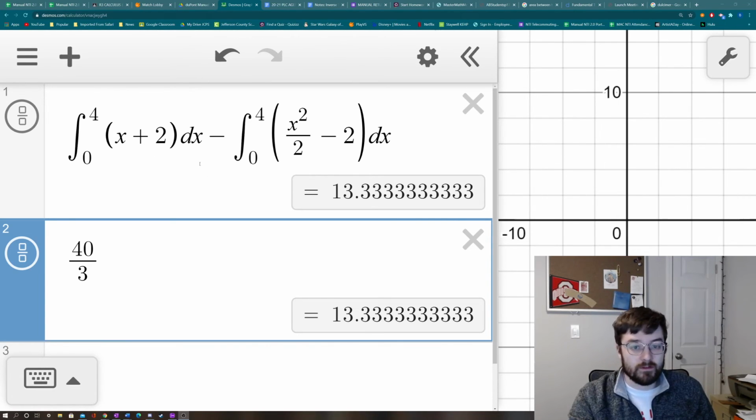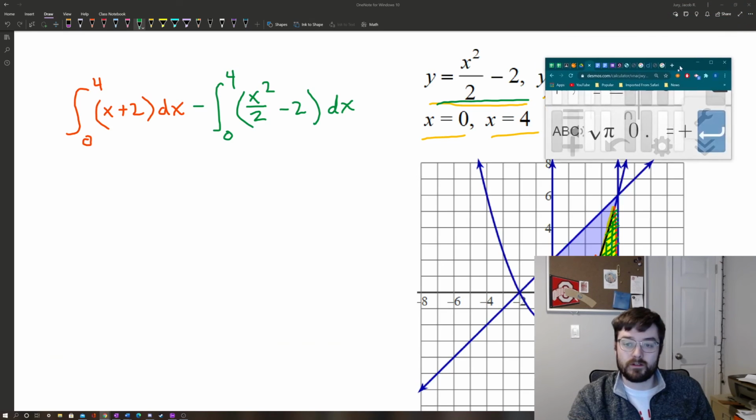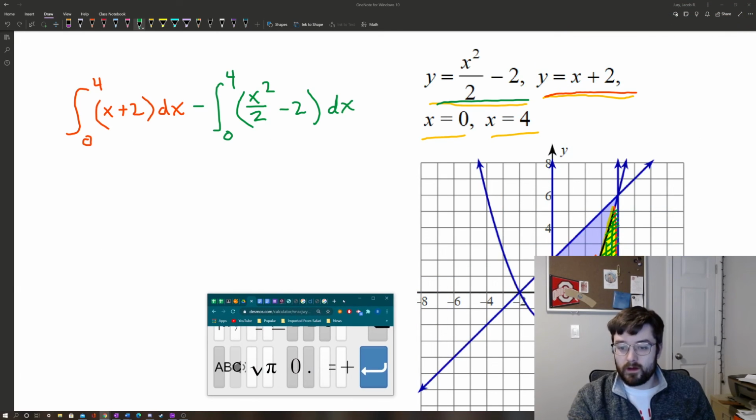And you can see that I've used parentheses. I've bound things with my 0s and 4s, and I have subtracted the quadratic from the linear function, in terms of which function goes first in that subtraction process.